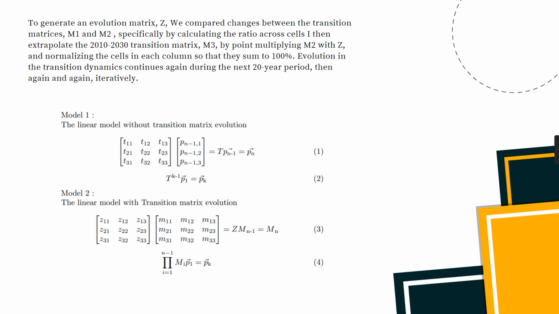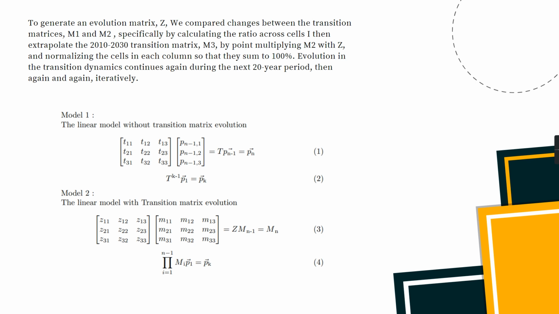Again, we introduce a dynamic matrix called Z, and Z times M(n-1) is equal to Mn. So the Z matrix accounts for the dynamism or upward change in the transition matrix. If we multiply Z with the transition matrix of the current time, it will give us the transition matrix of the next 20-year period.